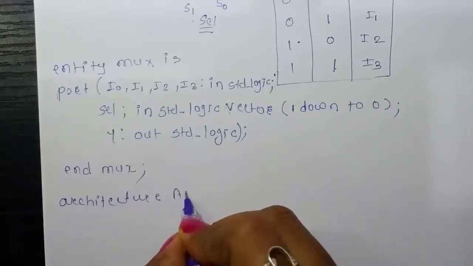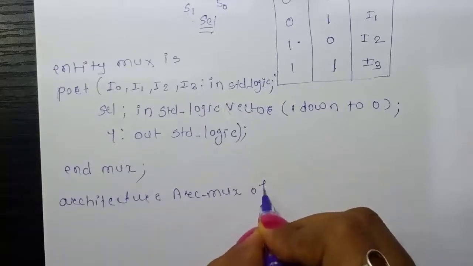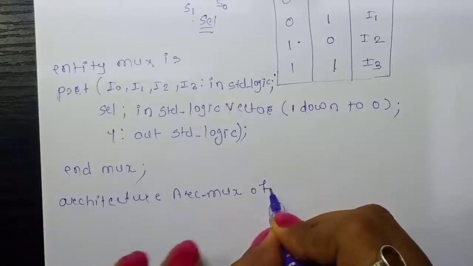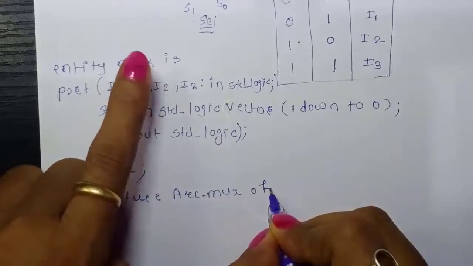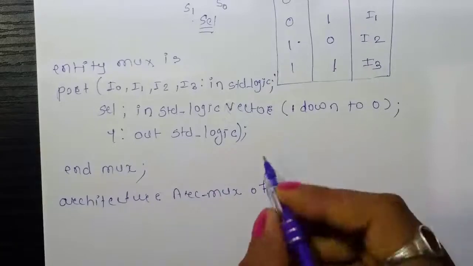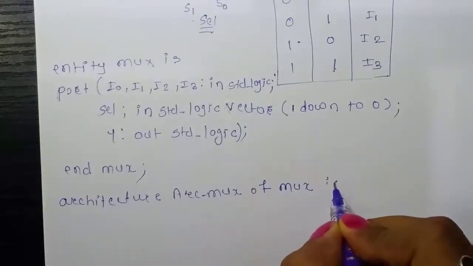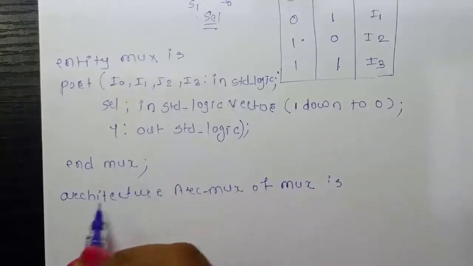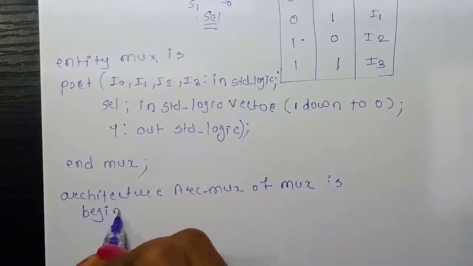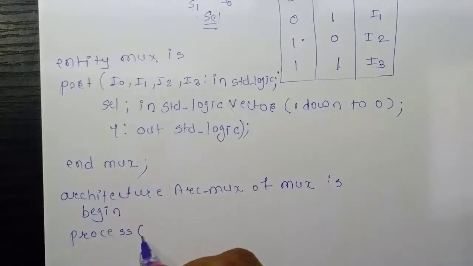Here I am giving the name of my architecture as arc_mux of. Now this architecture is for this entity, that is mux. So architecture, name of architecture, of, name of your entity, is. Then we have to write begin, then process. Within the process we have to list out all our changing inputs.